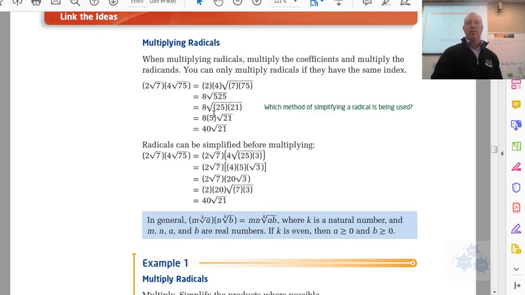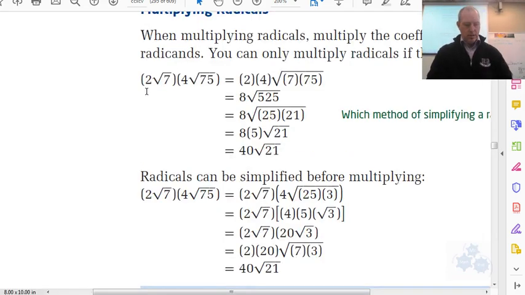Just a real quick reminder, when you're multiplying radicals, for example in your textbook on this page, which is 284, if you have two radicals that are being multiplied, you multiply the integer parts together and then separately multiply the radical parts.